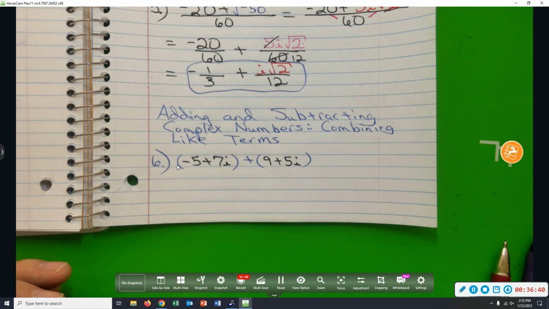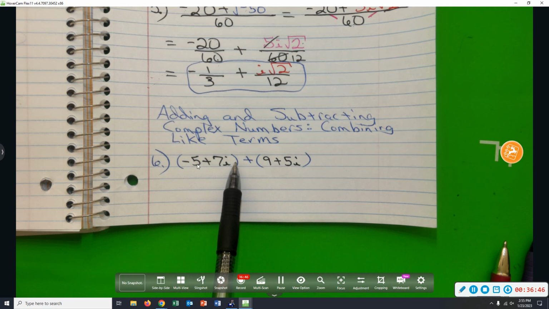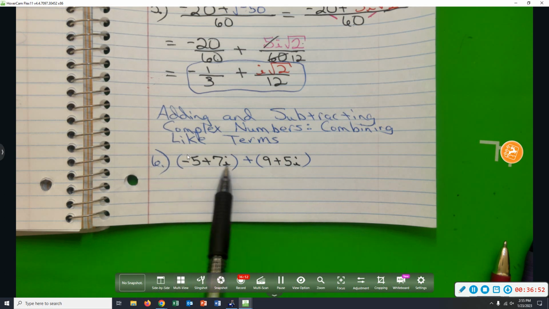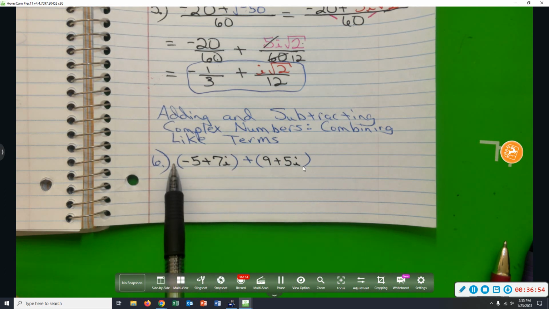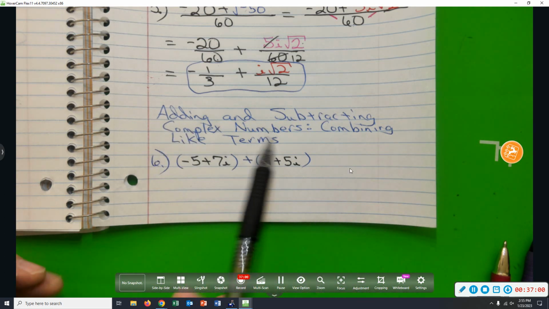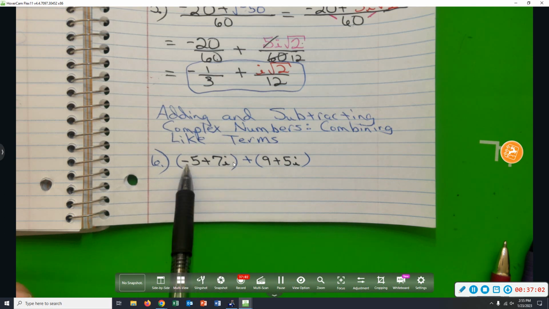So combine like terms. I can't add the -5 and the 7. You know what to do when you're combining like terms. The first thing you do when you see those parentheses, you ask yourself, is there anything in front to distribute through? I don't see a number in front of this first set of parentheses, so it's like multiplying by a +1. So this is an unnecessary set of parentheses.